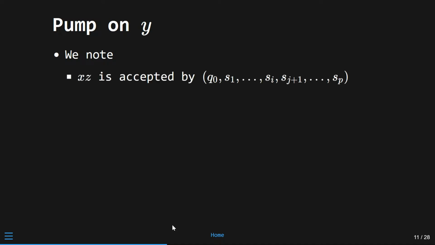We note that the string xz, x concatenated to z, where we omit y, is accepted. This is the series of states terminating with the accepting state s sub p. We note it goes straight from i to j plus 1. This thing is of length shorter than p, because we take out a big chunk in the middle.